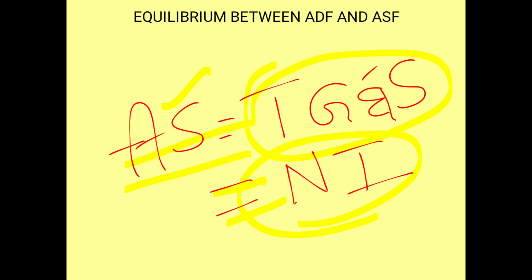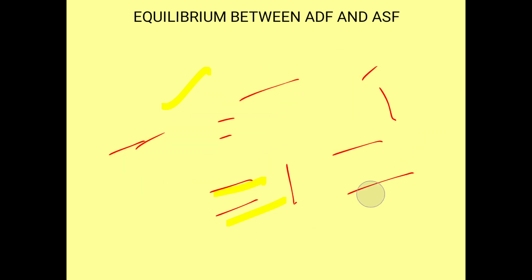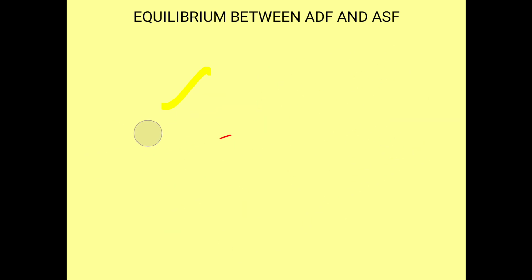That is the aim of an entrepreneur. So today we are going to see the equilibrium between ADF and ASF.